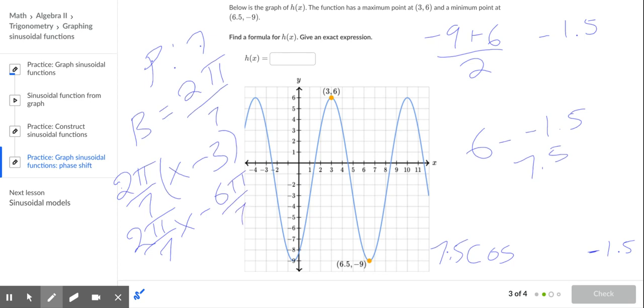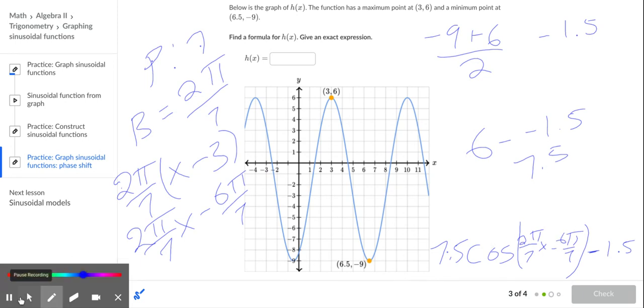And so that's what goes here. 2 pi over 7x minus 6 pi over 7, parentheses. So this would be my final answer. So that's going to be what I would put here.